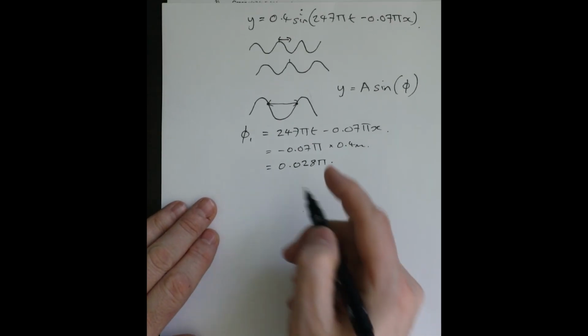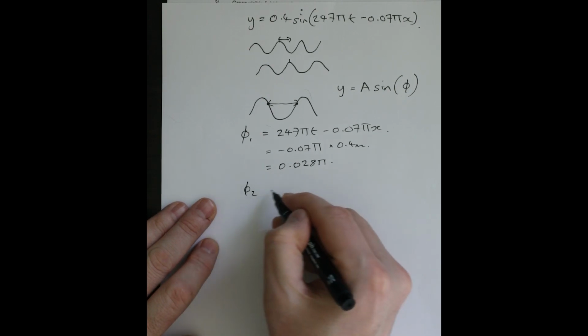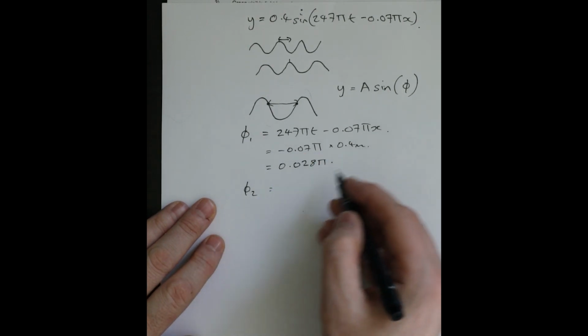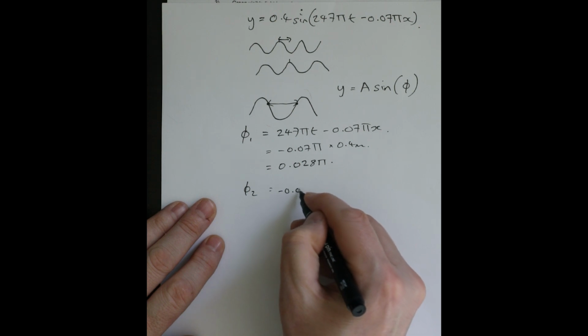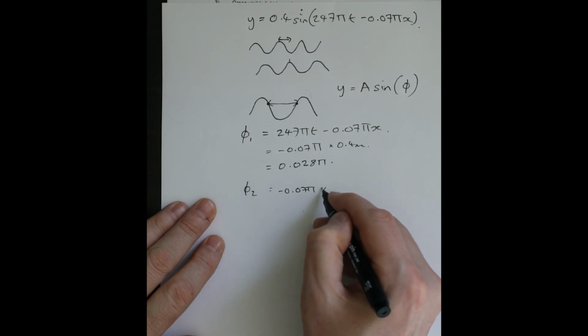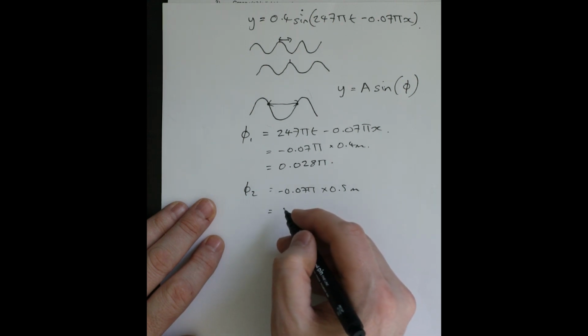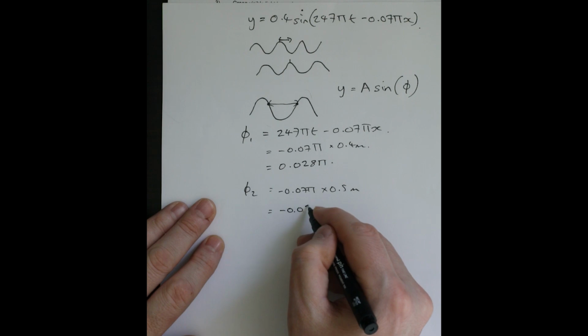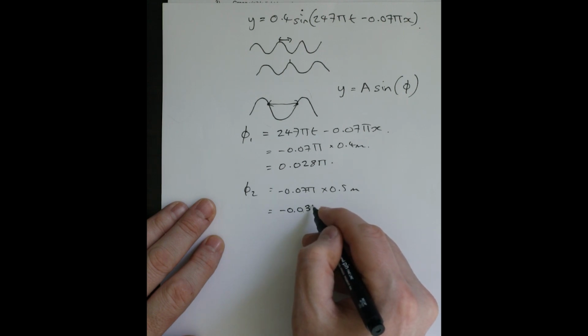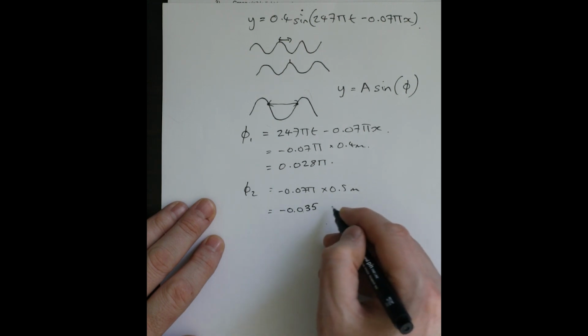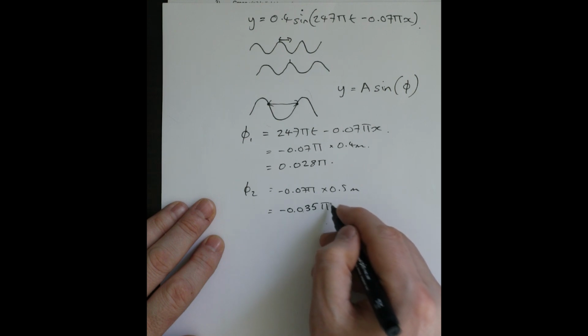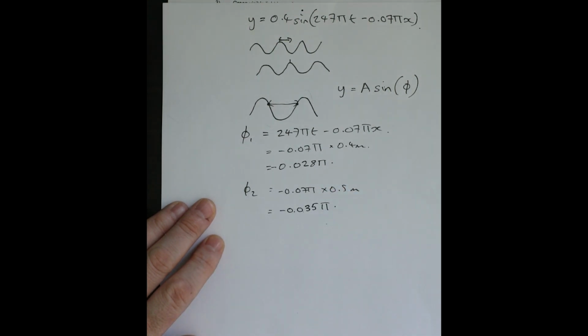And if we do the same for phi 2, that's going to be equal to minus 0.07 pi times 0.5 meters, which gives me a value of minus 0.035 pi.